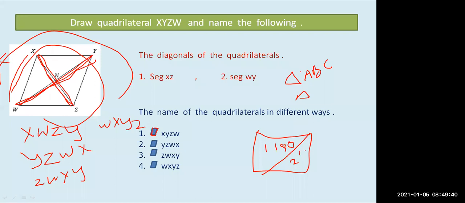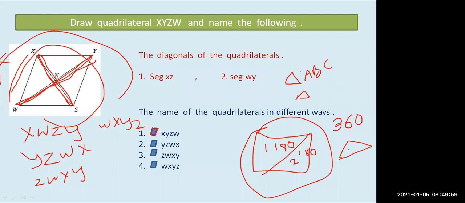The other will also give me 180 degrees. So when I add angles of the whole quadrilateral, it is going to give me 360 degrees. And when I'm talking about a triangle, the sum of all angles of a triangle is going to give me 180 degrees. Okay, these are the two things that extra we have learned in these two chapters.